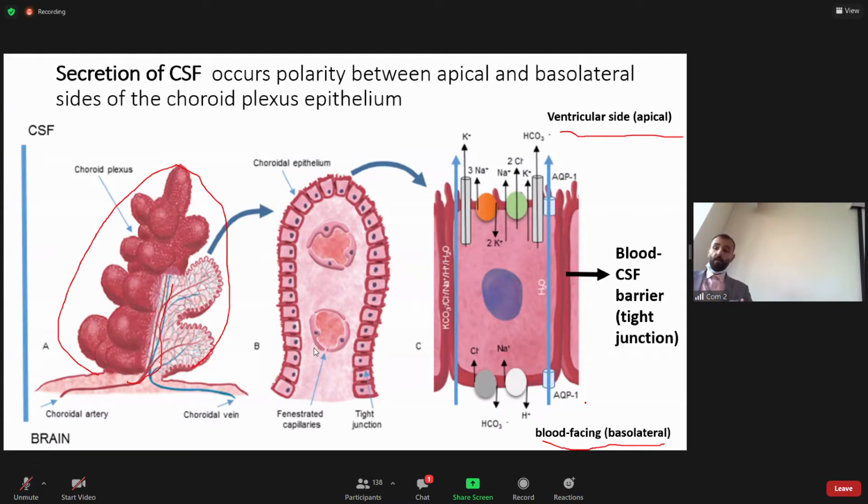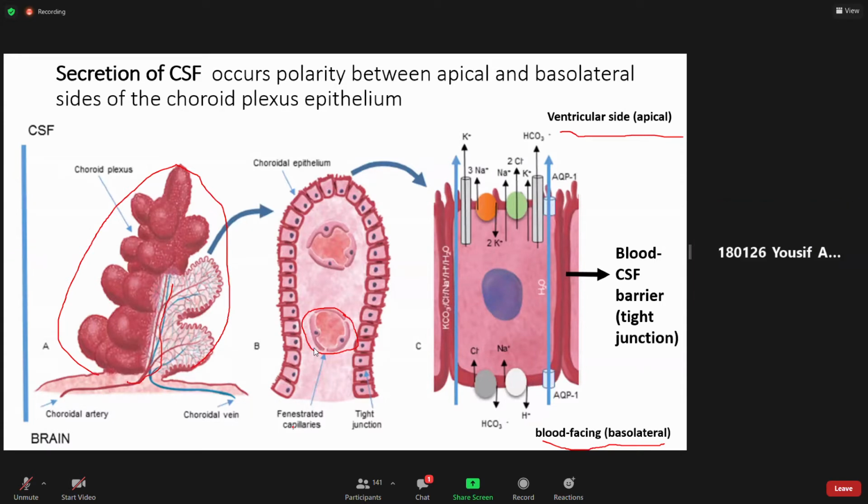If we zoom in more into this choroid plexus, this is what we will see. We will see the epithelial cells, which are the ependymal cells, which we said are tightly stitched together, and they have cilia. And we can see the blood capillaries, which are fenestrated. You know what fenestrated means?